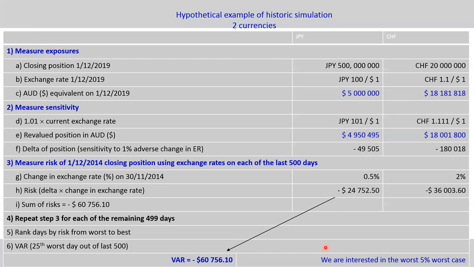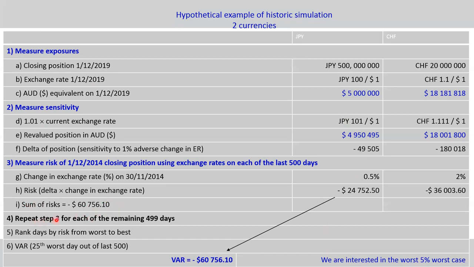So you will take the last 500 days, see the changes, using the delta, transfer this to dollar values, sort them for the last 500 days, and then get the worst 25 days. That is your VaR. So in this case, this is the risk of 1 day.